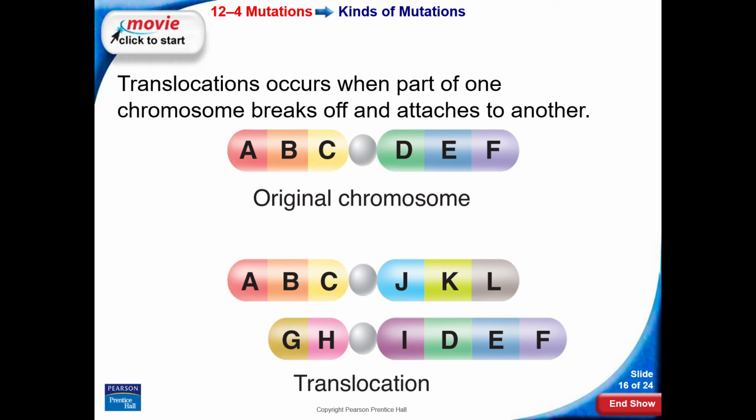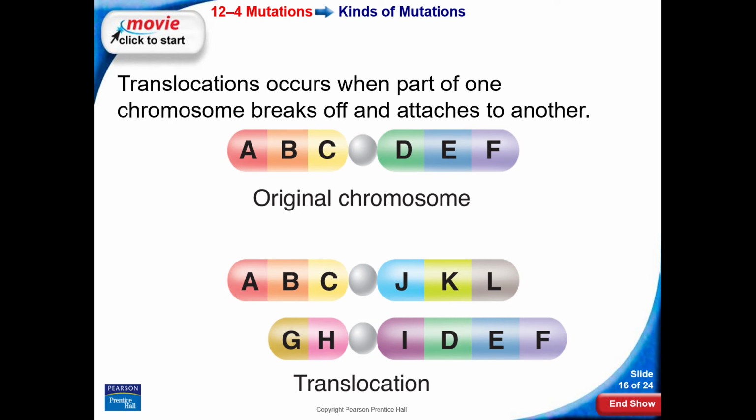Ironically, it can also manifest itself in exactly the same way if a person has an extra number 21 chromosome. We call that a trisomy 21. Trisomy 21 and translocation 15-21 actually cause the same symptoms. Once again, kind of a mystery, but it does.